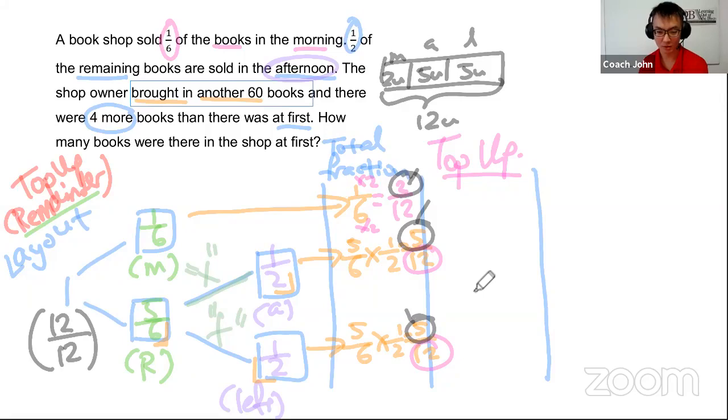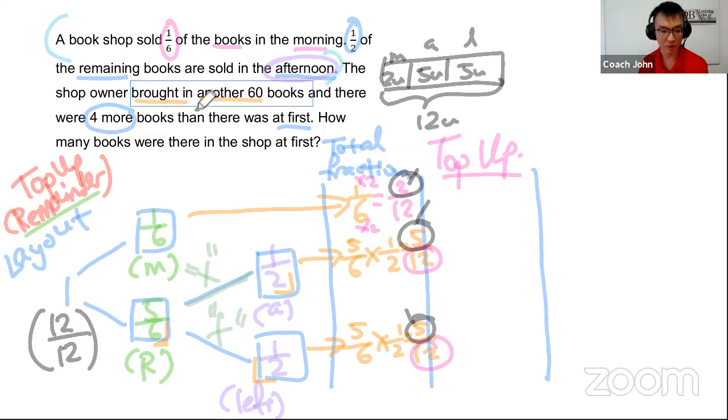So this is the full understanding of branching. If you need a recap, watch it again. Now we have in fact used up everything from here all the way to here.